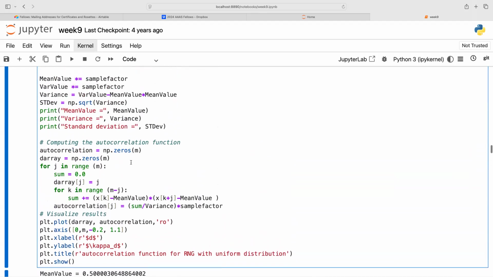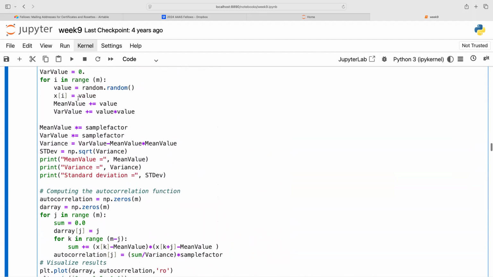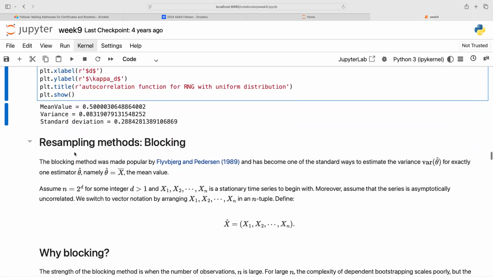The single loop case, which we have when we calculate the variance and the mean value, comes up immediately, but it still takes time to get the autocorrelation function. This is a typical example of what we will have to face when we run these types of calculations. And that's why the blocking method is a way to circumvent the calculation of a double loop.